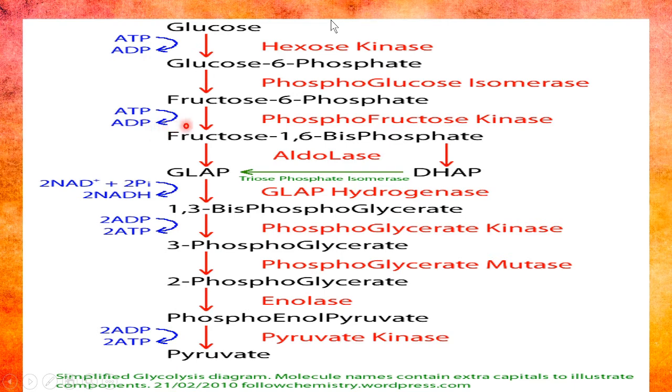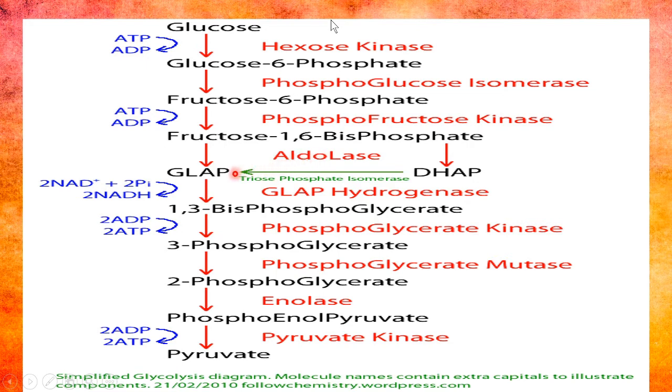In this second phosphorylation, the phosphate group is attached to the first carbon. This reaction is catalyzed by the enzyme phosphofructokinase. These three steps mentioned above are collectively described as the preparatory phase of glycolysis. And the fourth step is cleavage.